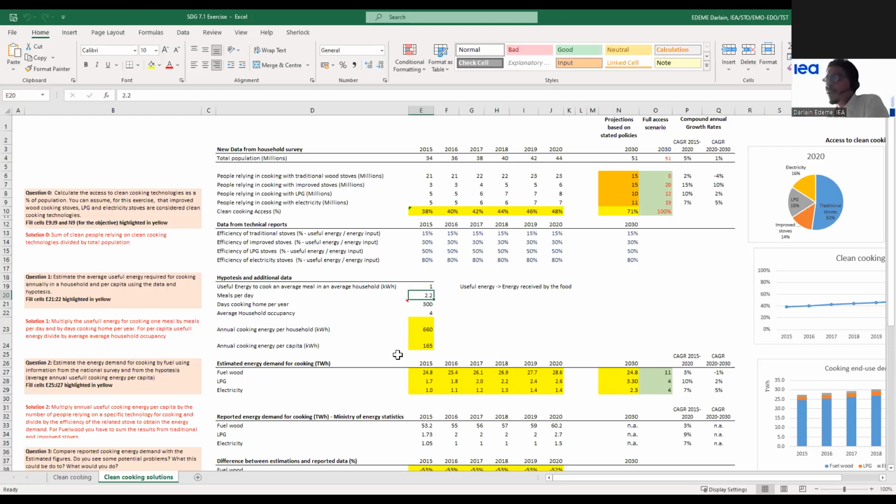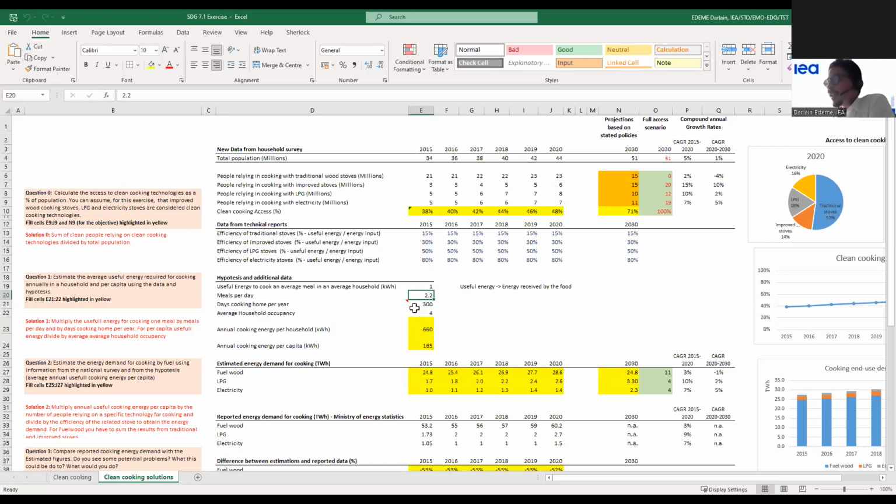It could be in a bar, in a restaurant, in a friend or family house. It could be in a public place because there is a community event. But on average, let's say that the average household in this hypothetical country cooks at home 300 days a year.